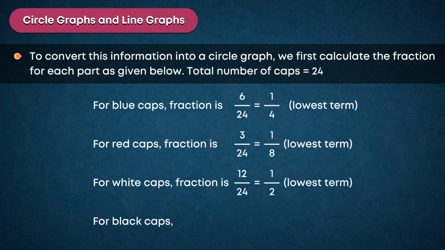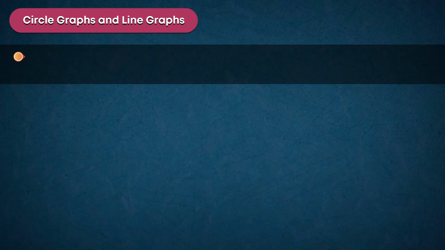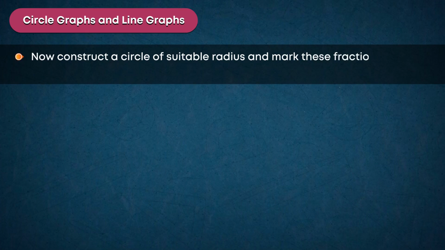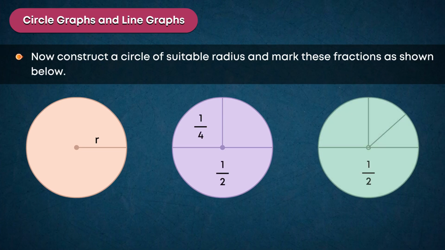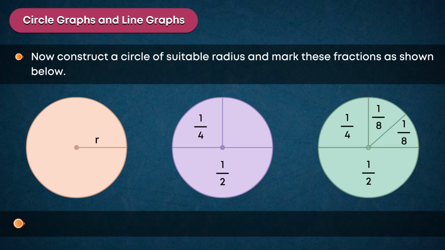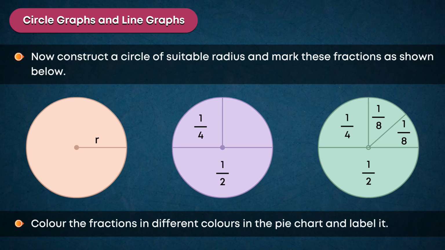For black caps, fraction is 3 by 24 is equal to 1 by 8, in lowest terms. Now construct a circle of suitable radius and mark these fractions as shown below. Color the fractions in different colors in the pie chart and label it.